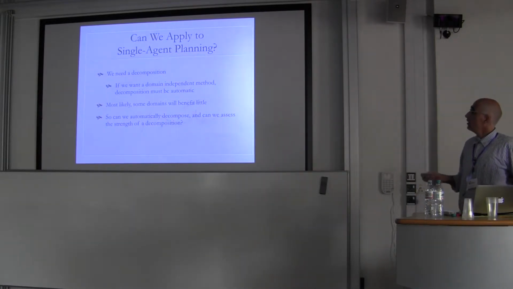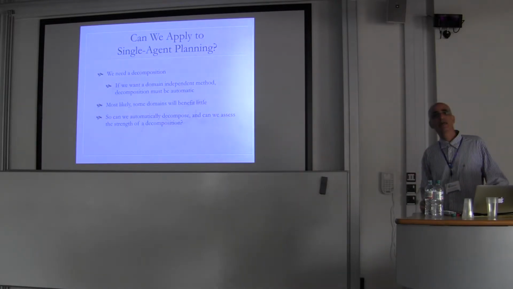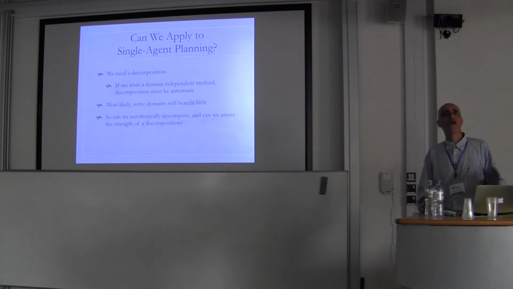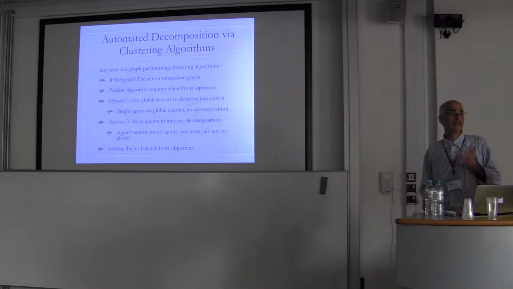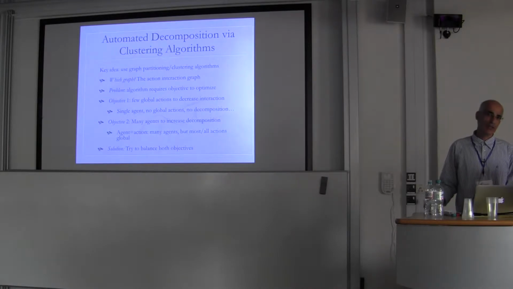Okay, so a natural question to ask now is, can we apply this to single agent planning? If we want to do it the fair way, automatically in a domain-independent way, then we need some automated decomposition method. There hasn't been much work on this, but here's an idea.